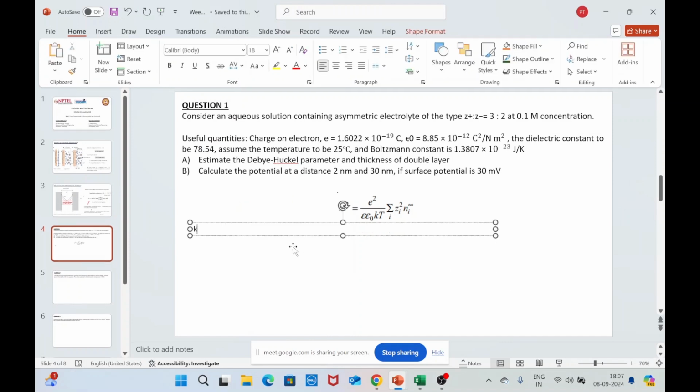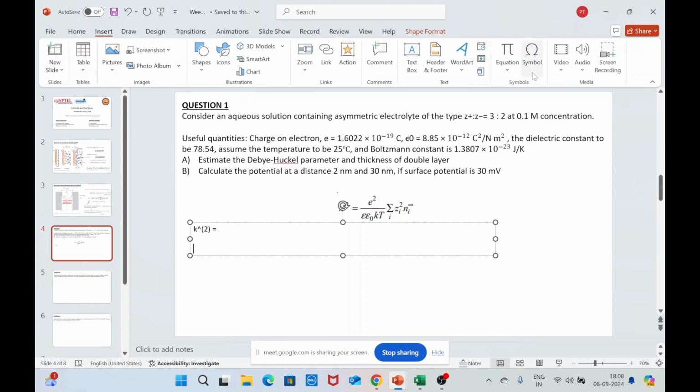So kappa square is e square times... First, for calculating kappa square, let's calculate the summation of z_i square n_i infinity.